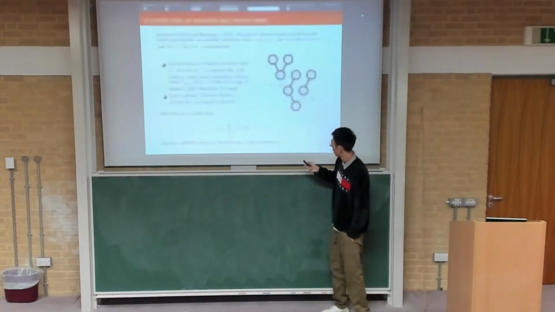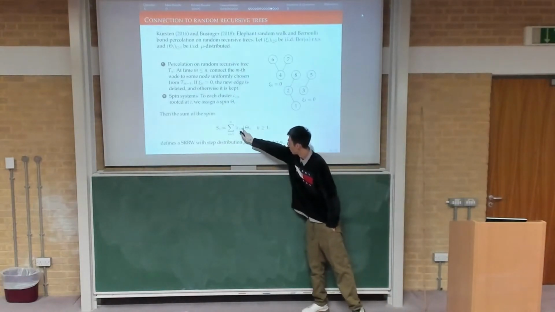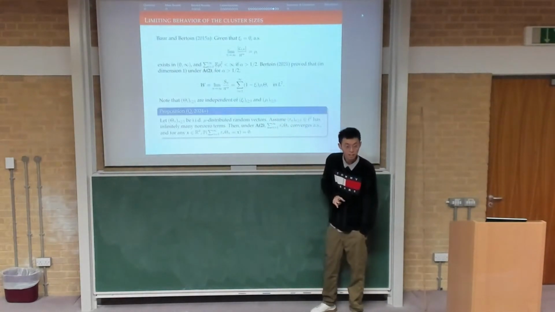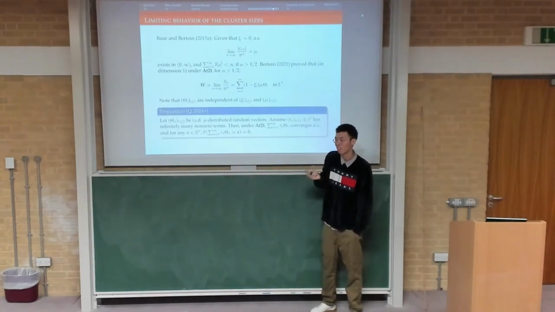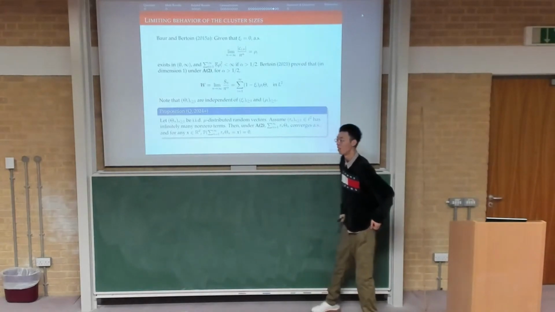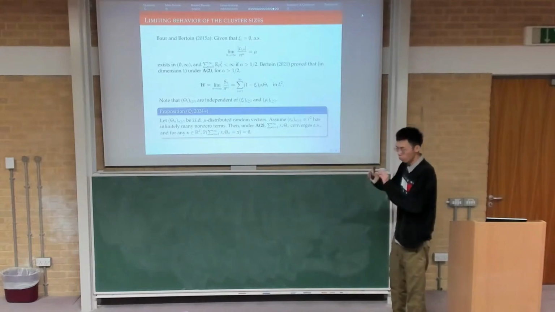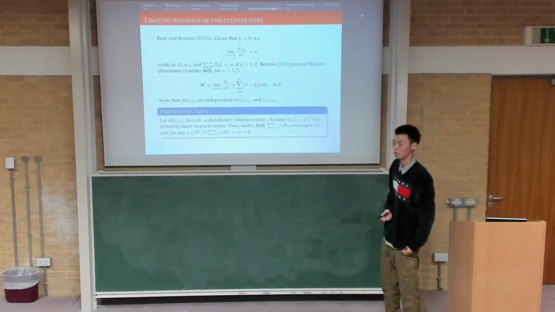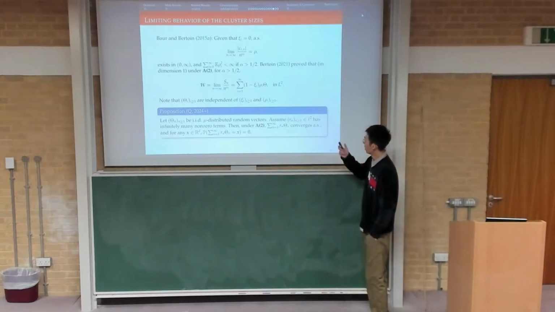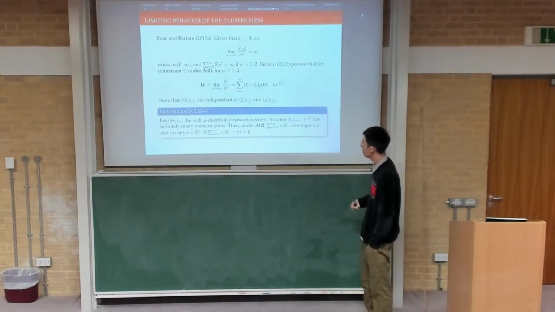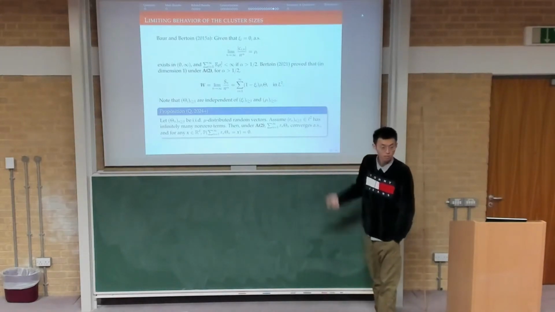Here you divide the cluster size by n to the alpha, which will give you 1 minus Ci, which decides whether it's empty or not, times rho i. Basically, we can put n to the alpha inside this summation. Let's say Sn divided by n to the alpha converges to W in L2. So this gives an expression for W.